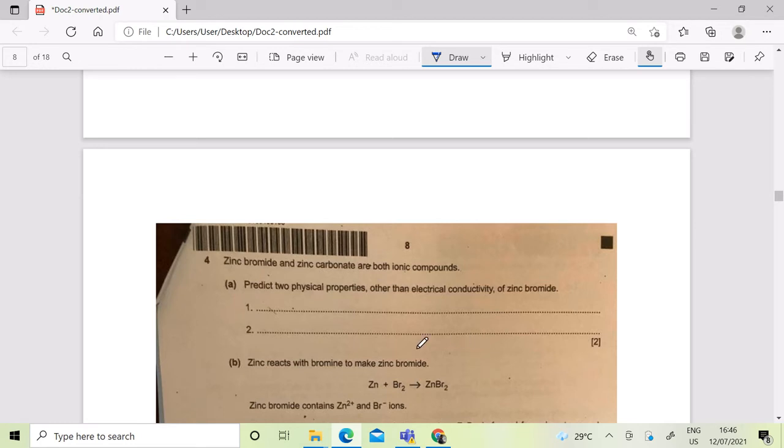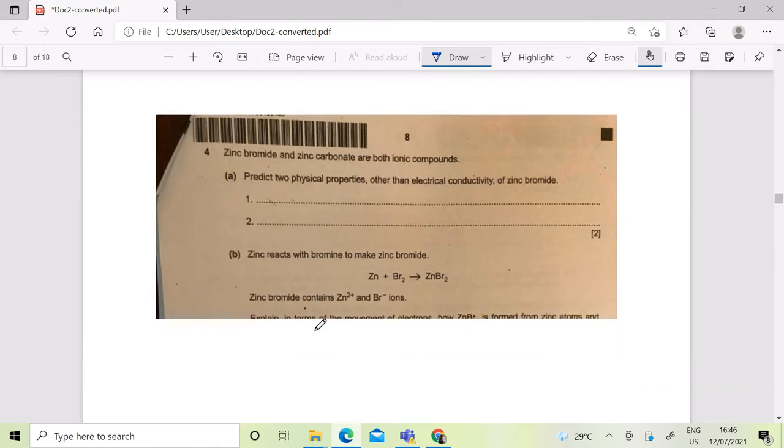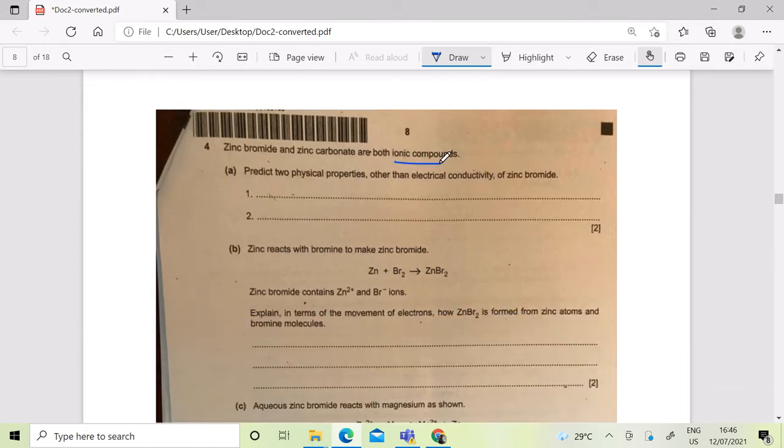It's about the ionic compounds zinc bromide and zinc carbonate. It's given they both are ionic compounds. Predict the physical properties other than electrical conductivity. Remember the very basic properties of ionic compounds. They have high melting point and high boiling point.